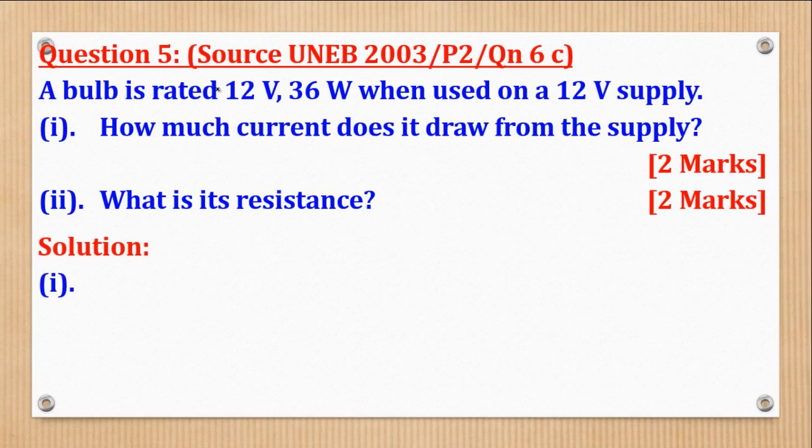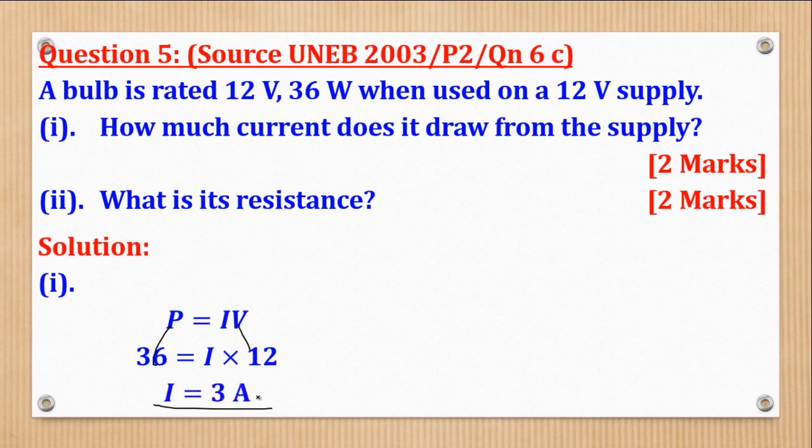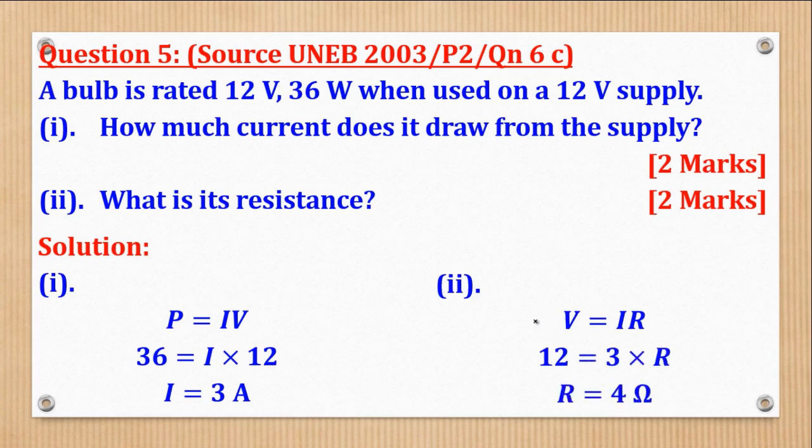So we know power, we know voltage, so P is equal to IV, substitute for P and for V and make I the subject. That is Roman 1. Then for Roman 2 they want resistance, so V is equal to IR, substitute for V and for I, make R the subject, and that's what they wanted.